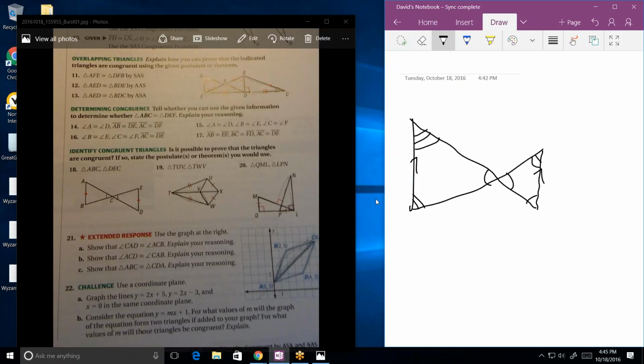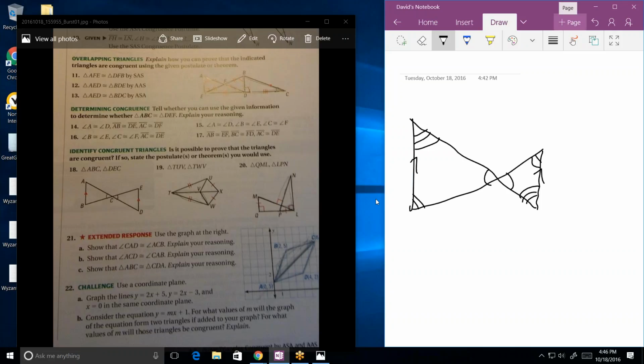But these two triangles clearly are not congruent. So once again, if I can draw one example where they're not congruent and yet everything is the same, then they're not congruent. It's not possible to prove those two are congruent without telling us something about the side lengths.